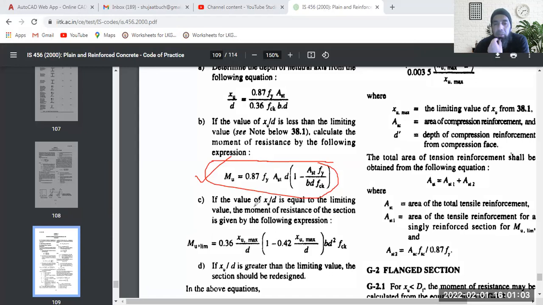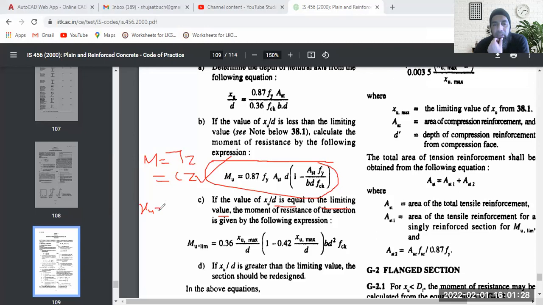For over reinforced design, when the value of XU is equal to the limiting value or greater than that. Now, if it's equal or balanced, you can use C. उसमें तो you can use M is equal to T into Z or C into Z. But here you can use XU for the limiting value.